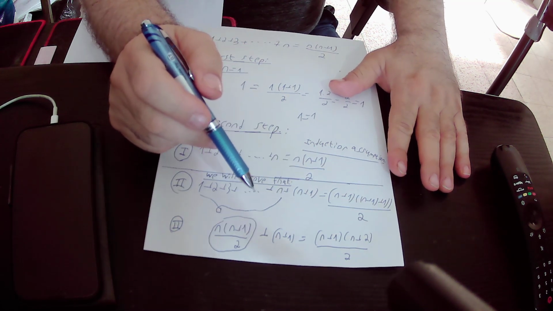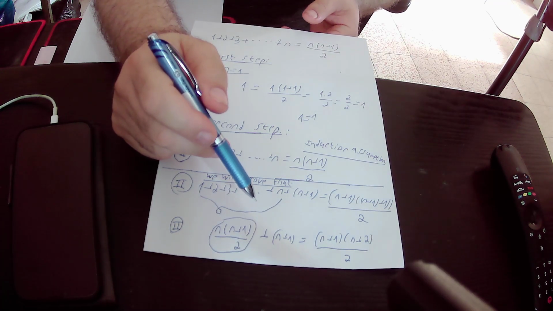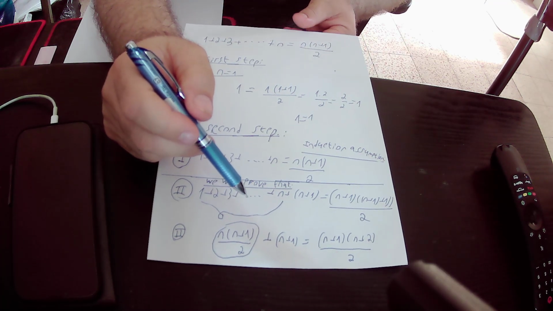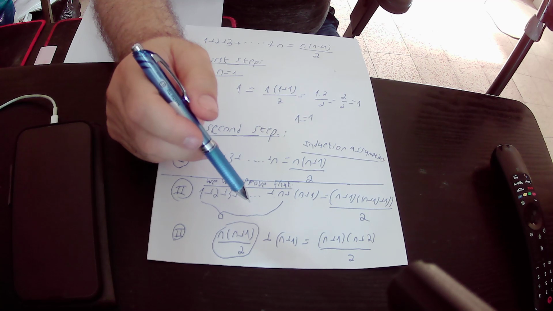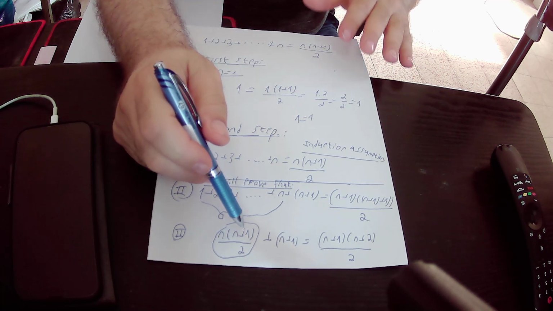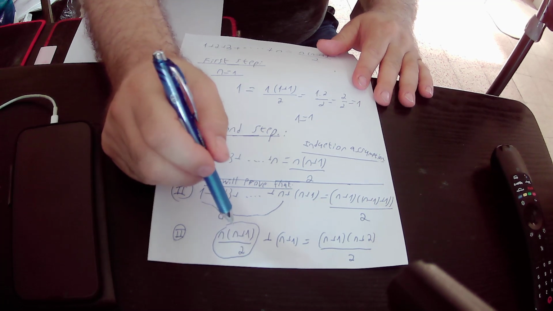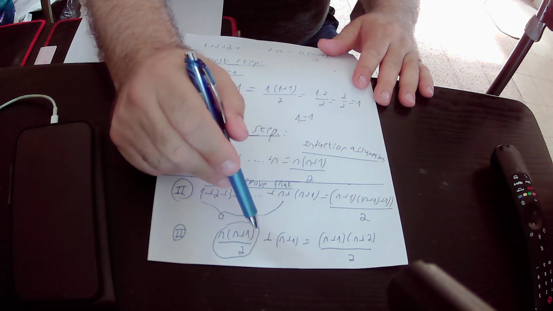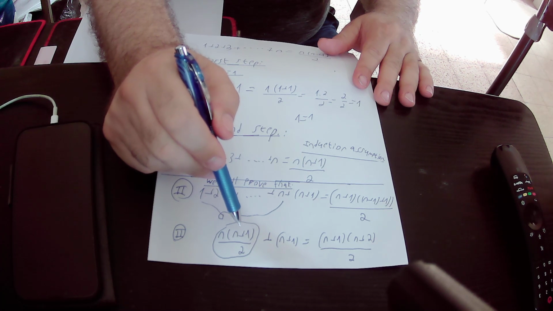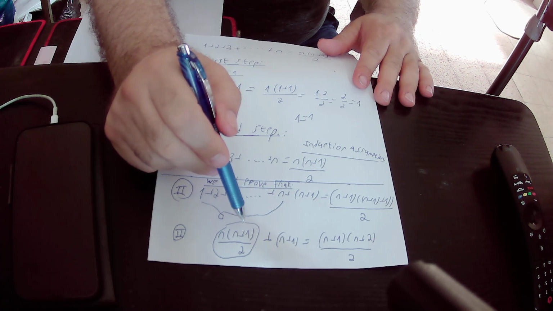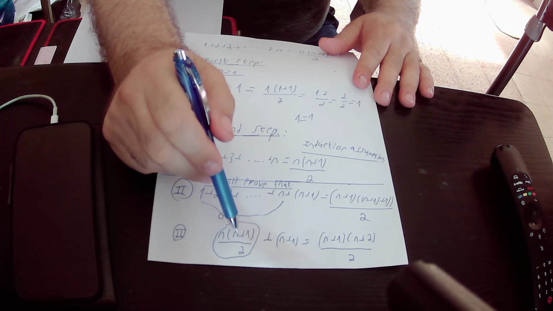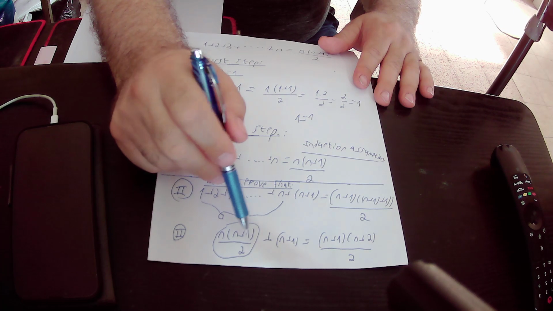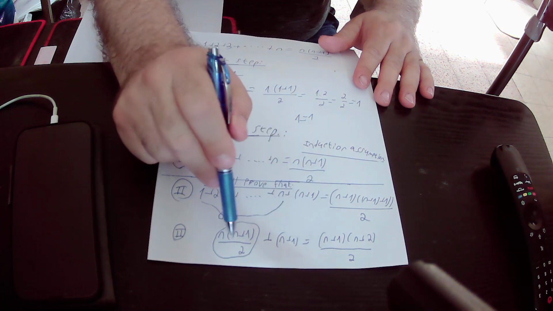Okay, actually we can divide the two sides of the equation by n plus 1, because n is a natural number. It can never be 0. So we can divide the two sides of the equation by n plus 1.